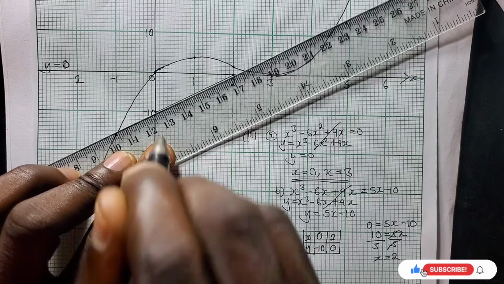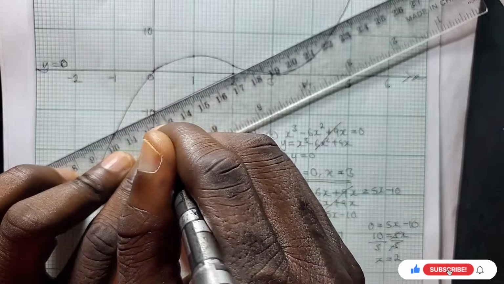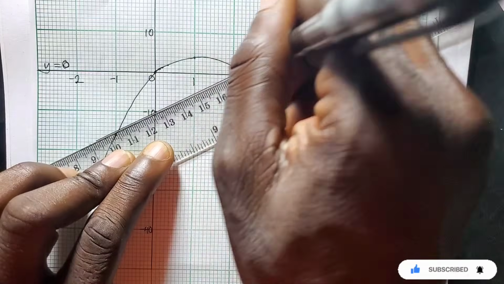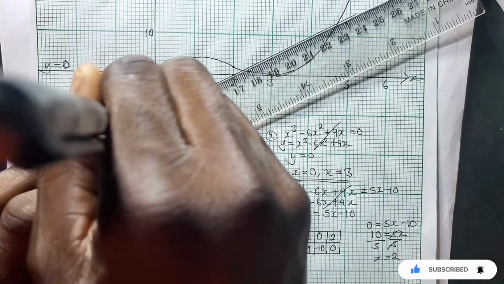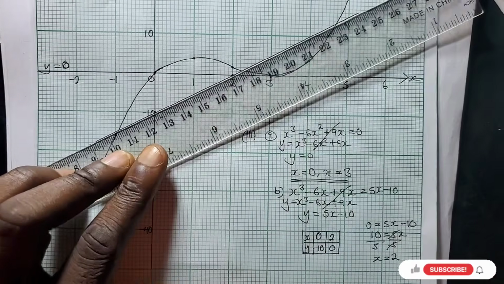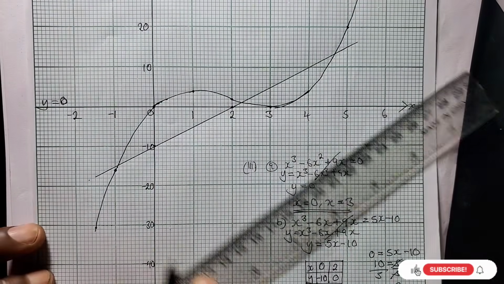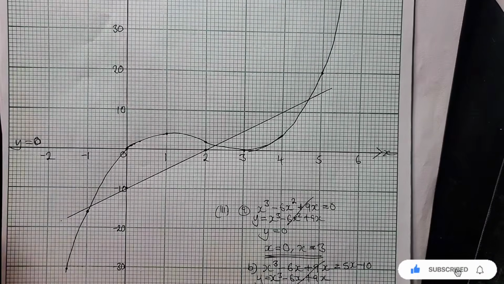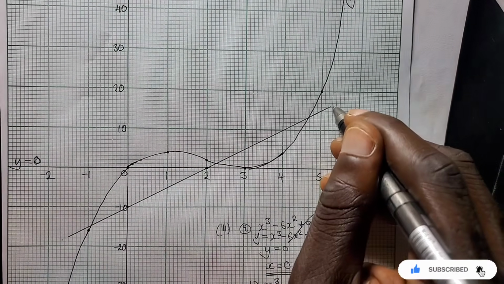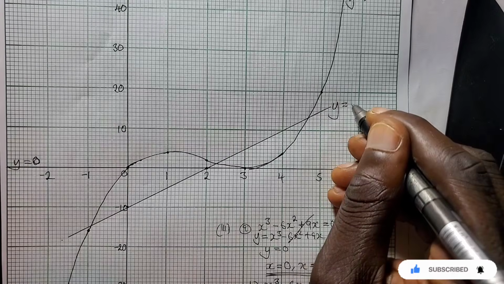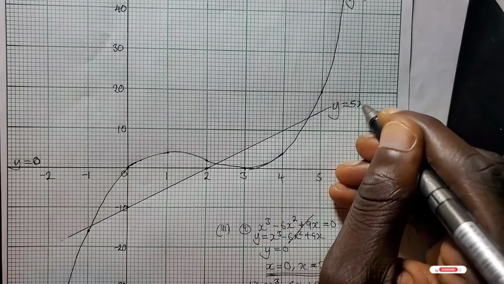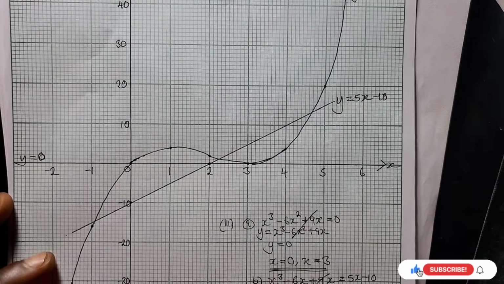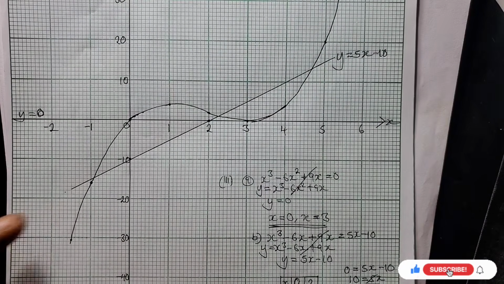The purpose of knowing the 2 coordinates is just to know where our line will pass. So extend until you know that this line can't cut the curve anymore. So this is the line y is equal to 5x minus 10. Indicate 5x minus 10.